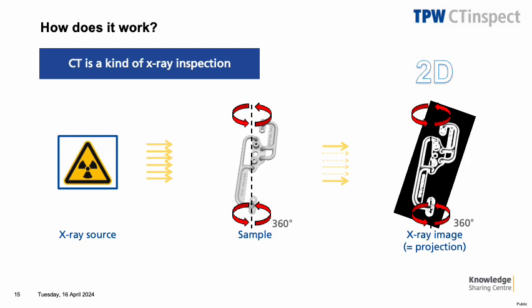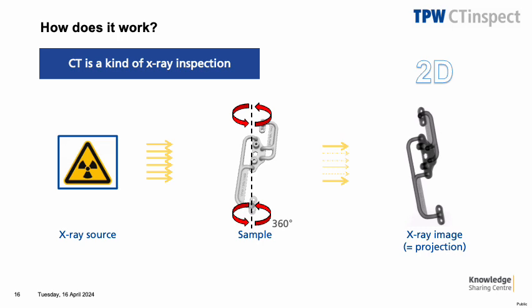For CT, however, the part is rotated around its axis and X-ray projections are captured while the part rotates. This is what it looks like while the machine operates.